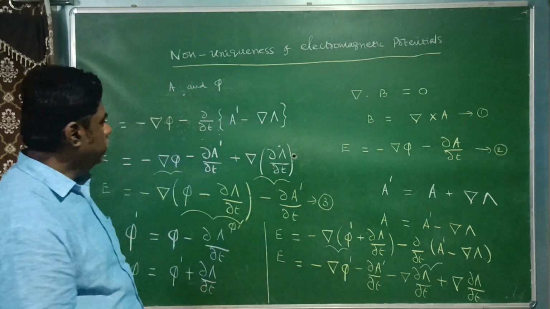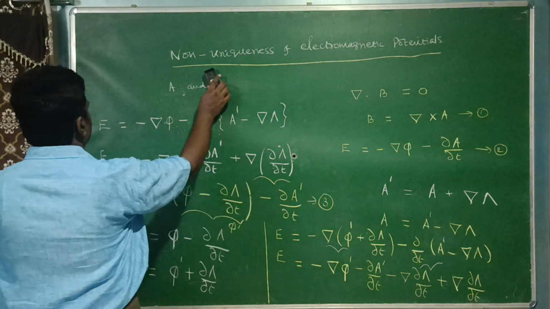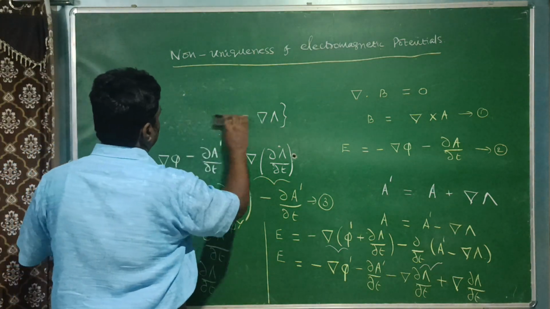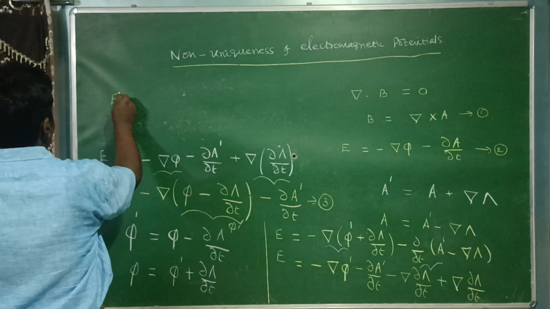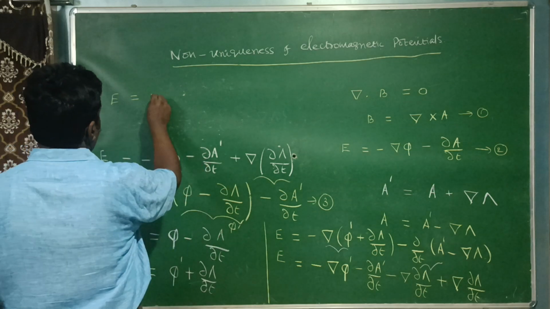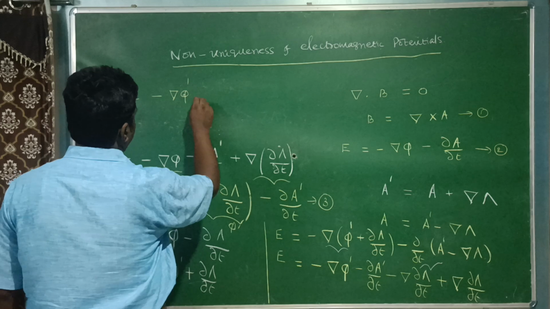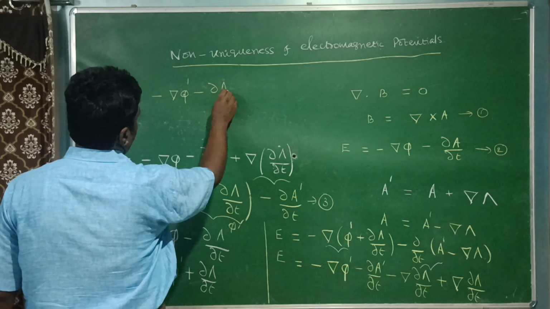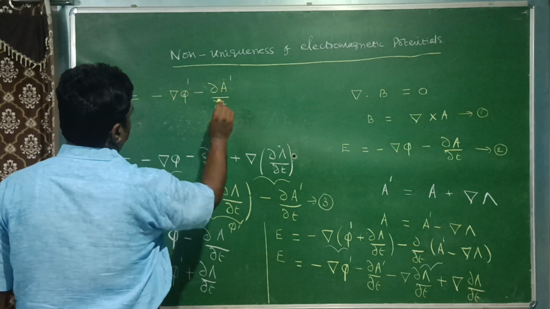Then finally we get the value of E as minus grad phi dash minus dou A dash by dou t.